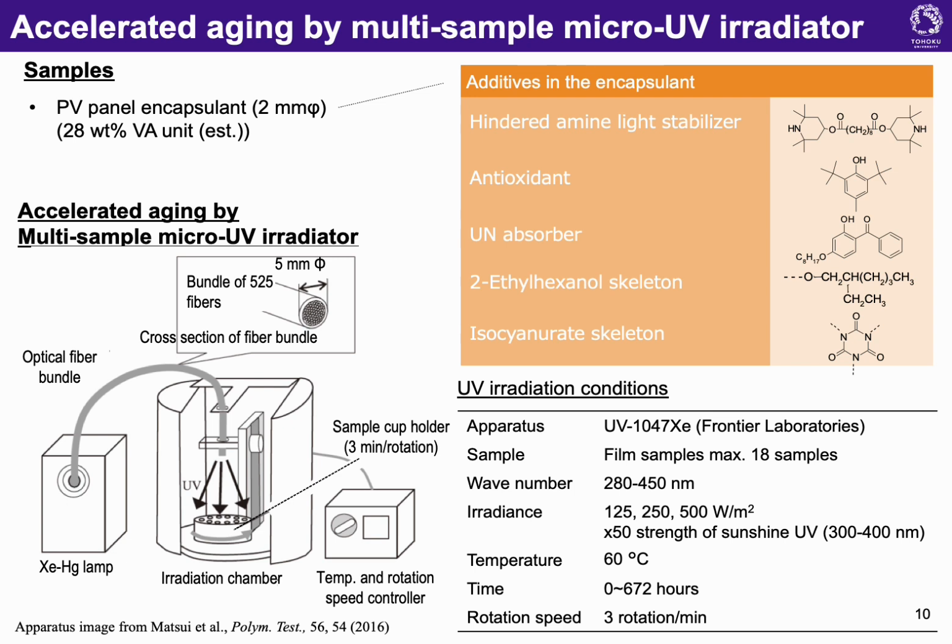The samples underwent UV accelerated deterioration at 60 degrees for a maximum of 672 hours. The UV source has a wavelength from 280 to 450 nanometers with a maximum intensity of 500 watts per square meter. The deteriorated EVA encapsulant was characterized by various methods.